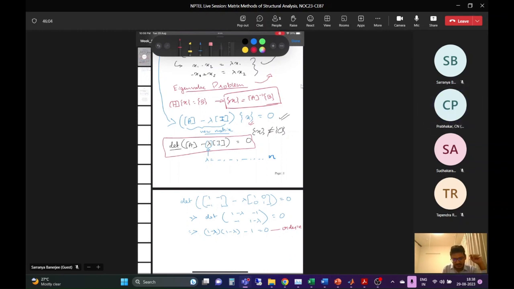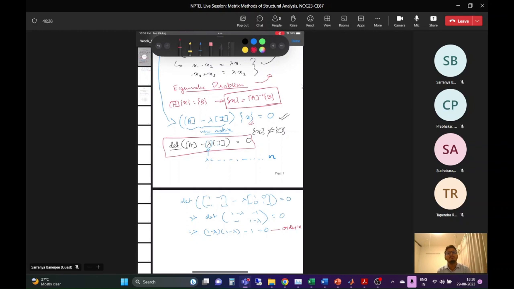This is a unique procedure for solving a system of linear equations which we did not encounter earlier. By whatever solution approach we used earlier, the first answer for us would be that x equals 0.